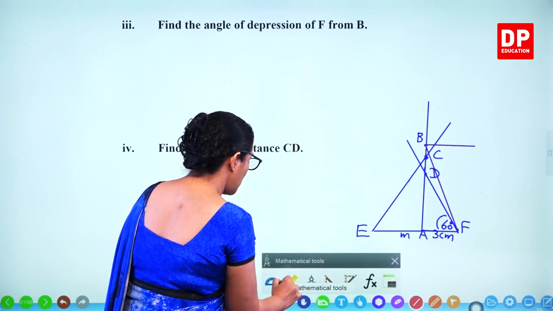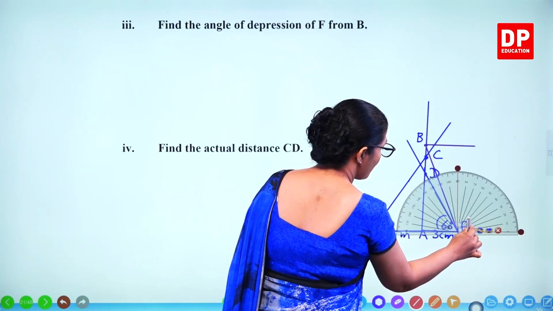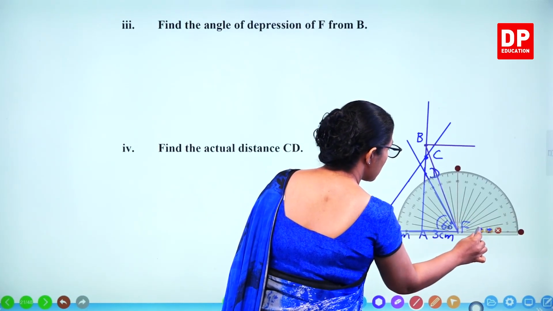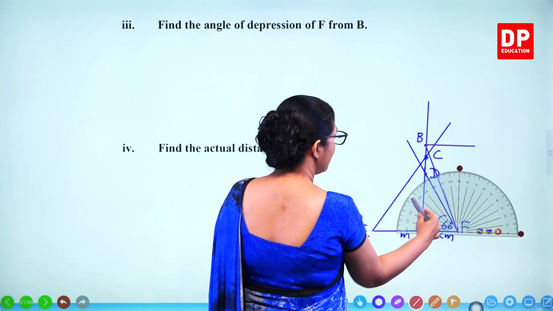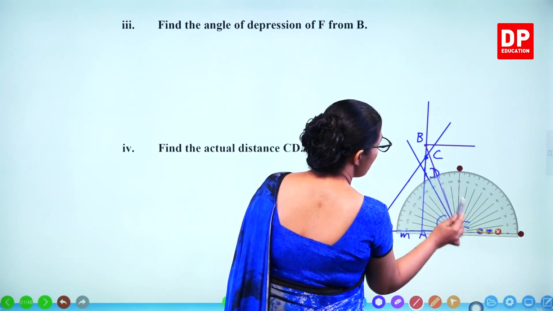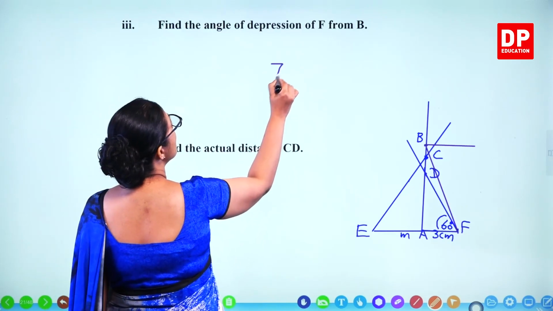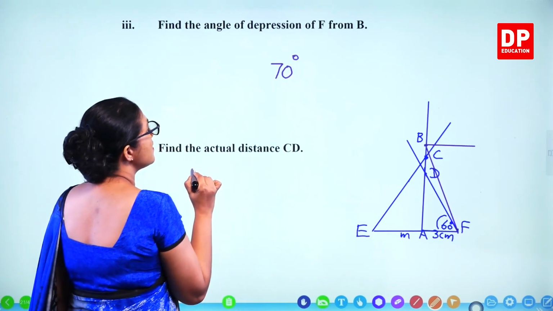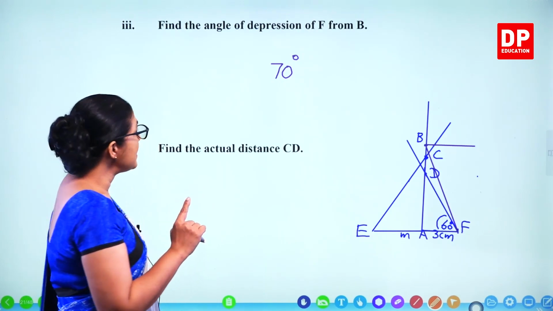So we can measure this angle instead of the other way around. So what's the angle? From here, 10, 20, 30, 40, 50, 60, 70 degrees. So the angle of depression is 70 degrees. Now find the actual distance CD.